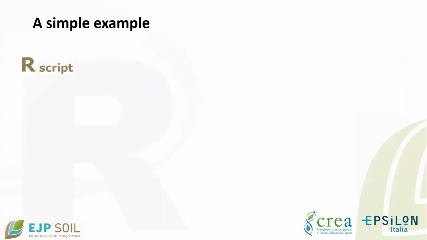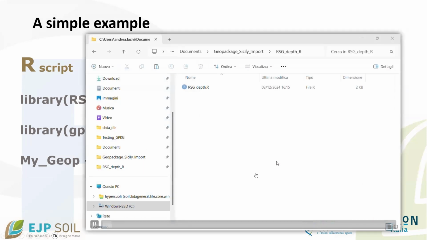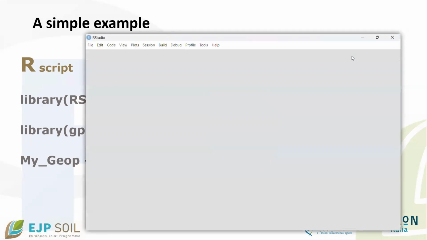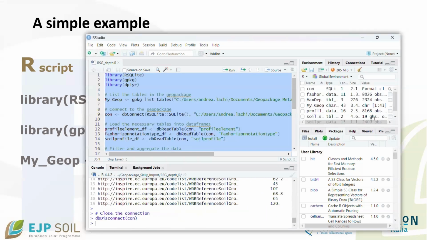Then we go with R. In the R environment, we need to load a library, so SQLite for R, and the Geopackage library, and then we have to connect the INSPIRE-SOIL Geopackage. Then we open it, write down our code and run it.